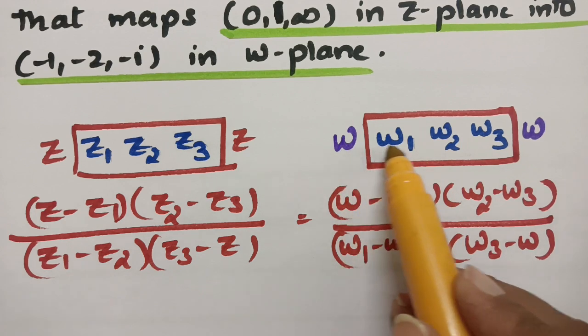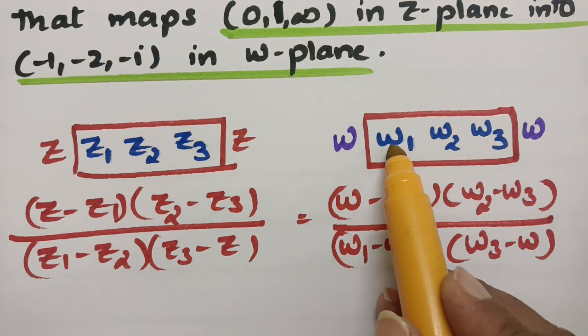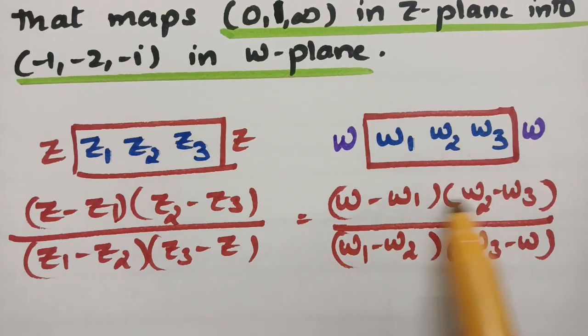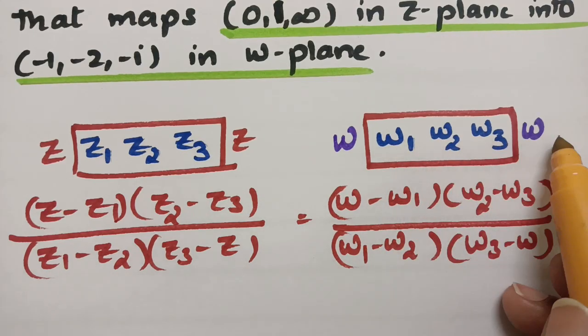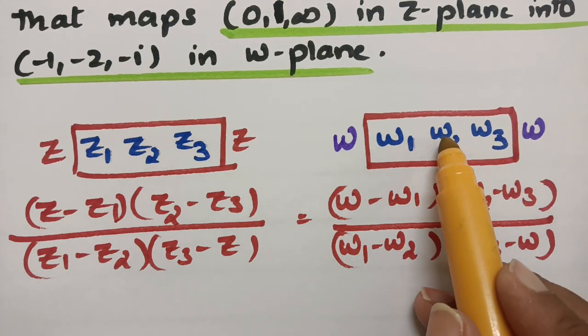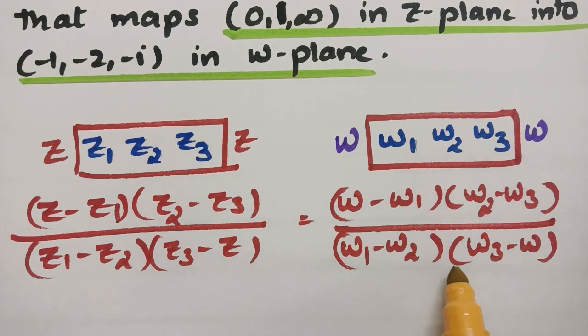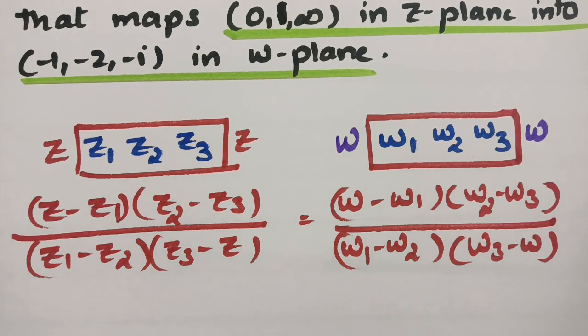Similarly, consider these four points in the numerator: w minus w1, w2 minus w3, and later in the denominator these four points: w1 minus w2, w3 minus w. This is the unique bilinear transformation from the textbook itself, and we can apply any points in this formula to get the solution very simply.